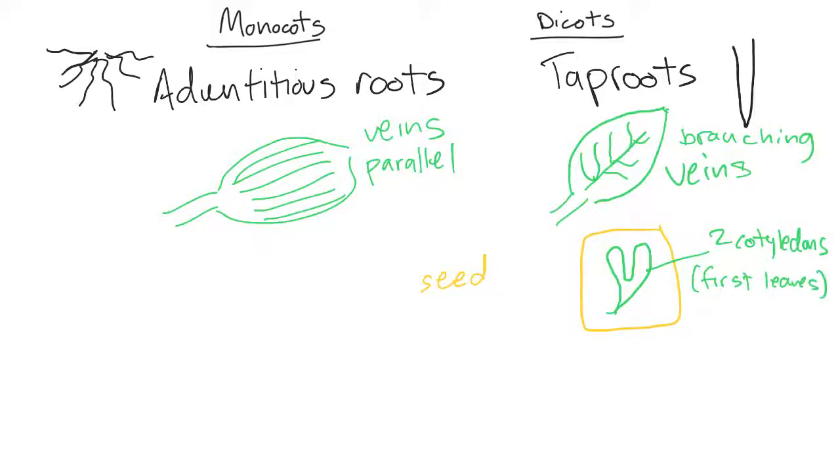So when it germinates, the first thing that'll poke out are its 2 little leaves as it matures. Whereas in a monocot, it just has 1 cotyledon. So when it emerges out of the soil, it'll just have 1 little leaf poking out.